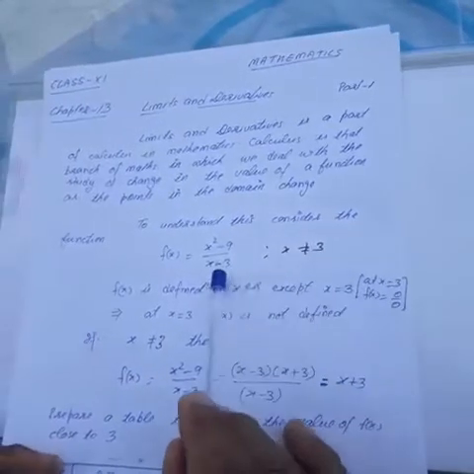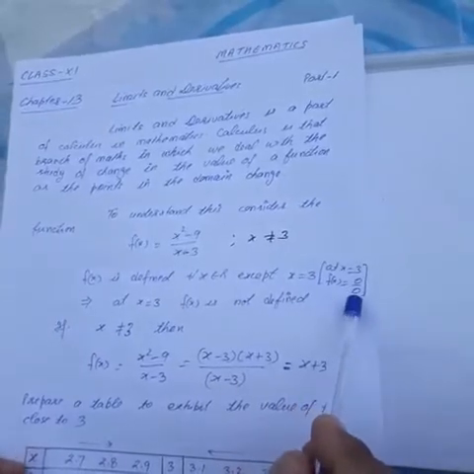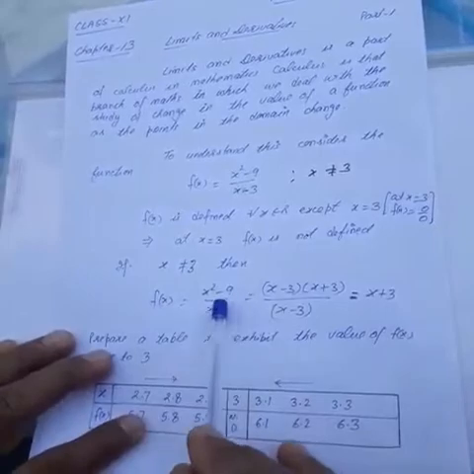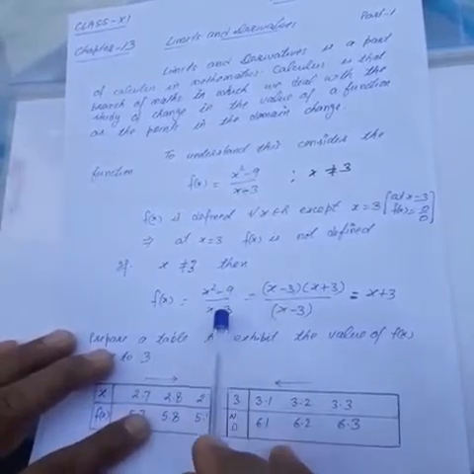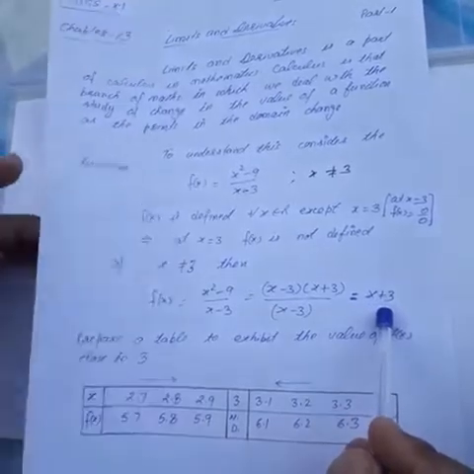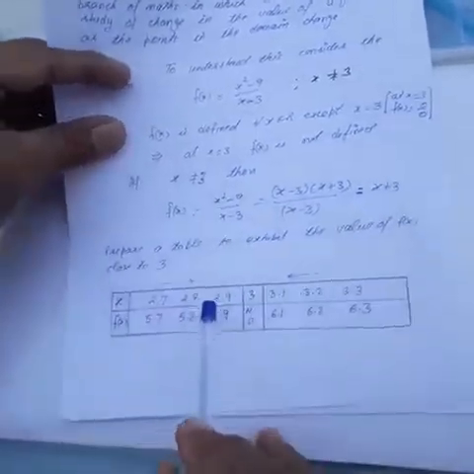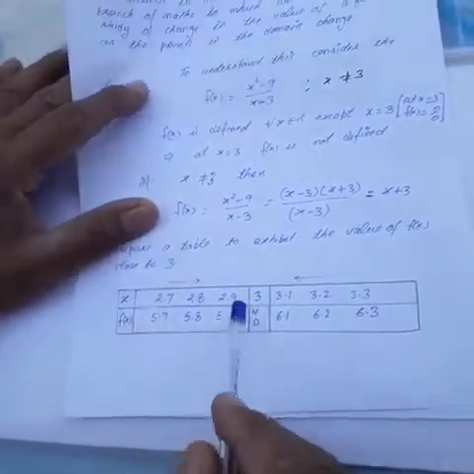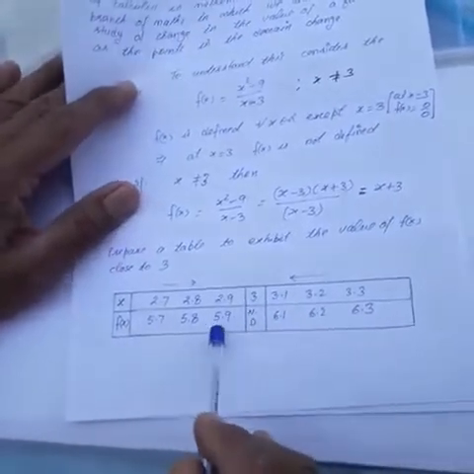When x is not equal to 3, f(x) is (x square minus 9) upon (x minus 3), and after simplification it is x plus 3. Now observe the change in value of f(x) when x changes. This is a table.